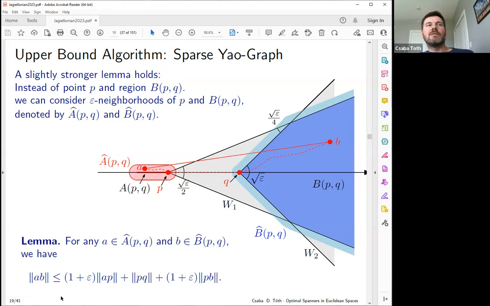So this lemma is a little stronger than what is needed because it leaves some room for error. Yeah, you have just multiplier 1 with the PQ distance.